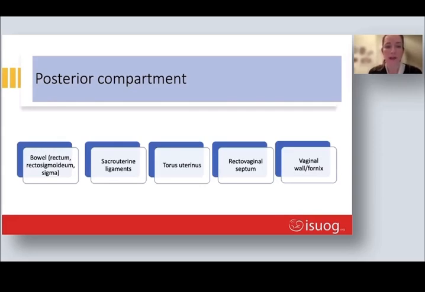In the posterior compartment, we can find endometriosis lesions in the bowel, in the rectum, rectosigmoideum or sigma. We can find them in sacrouterine ligaments, at torus uterinus, in the rectovaginal septum, and vaginal wall or fornix.